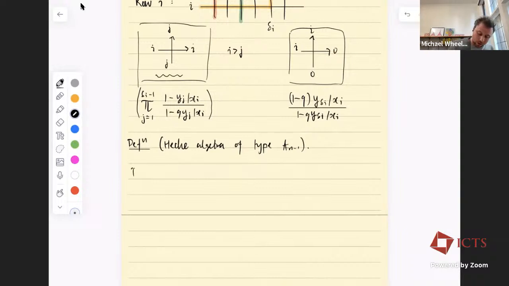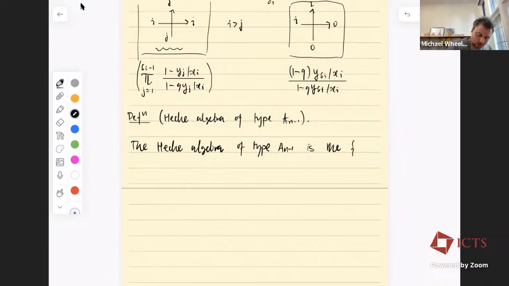The Hecke algebra of type A_{n-1} is basically given by a set of generators T_i, with i going from 1 up to n-1, which satisfy the following relations.